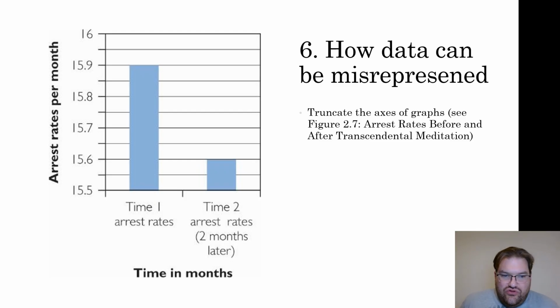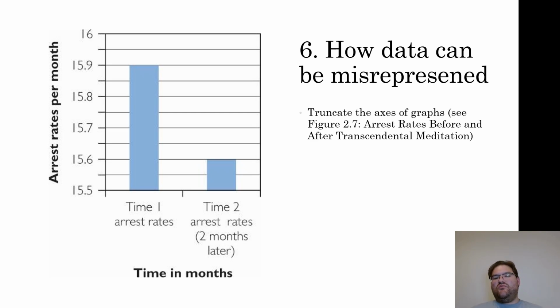So when you look at the differences between these two groups, at time 1 the arrest rates were 15.9, and at time 2, the arrest rates were 15.6. That's only a 0.3 difference, which is really small. But when you look at it the way that it's represented, it looks like a big difference.